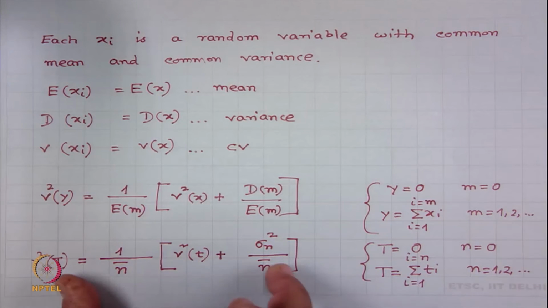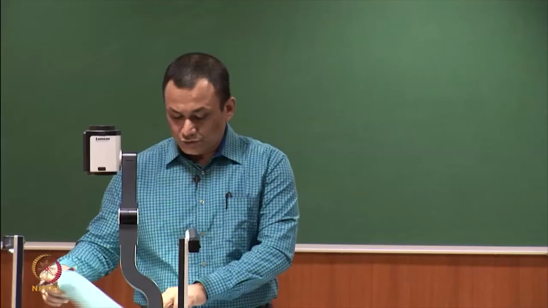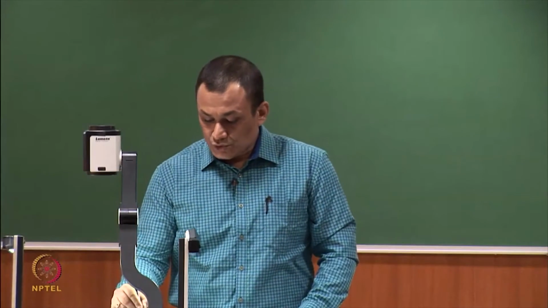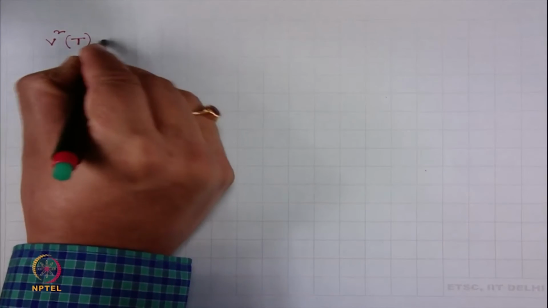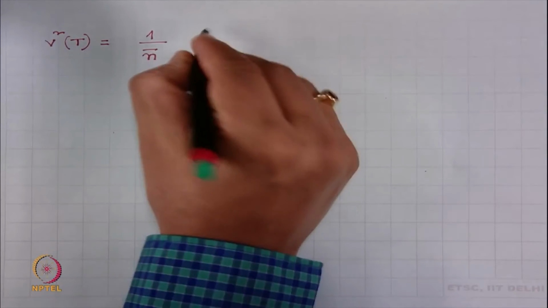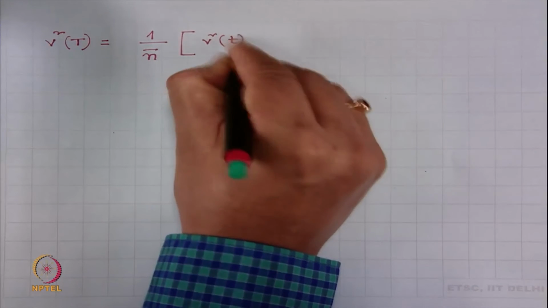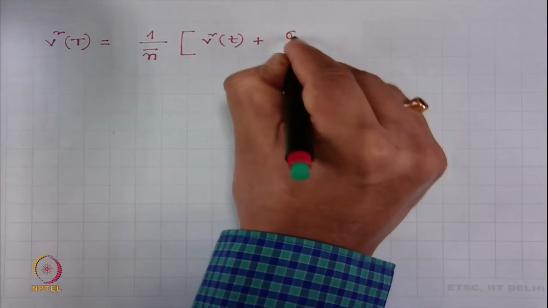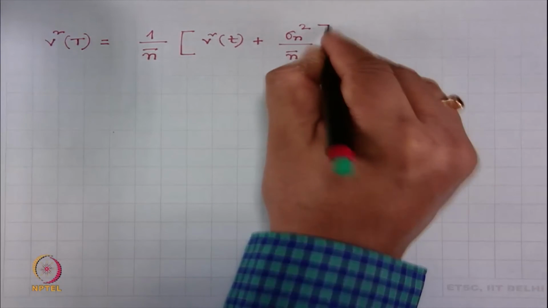We will now work with this expression. So, the square of CV of sliver fineness is equal to 1 by n bar, CV square of t, plus sigma n square by n bar.